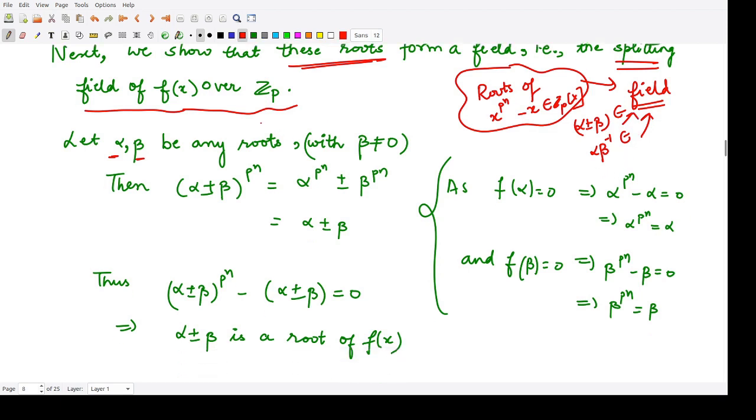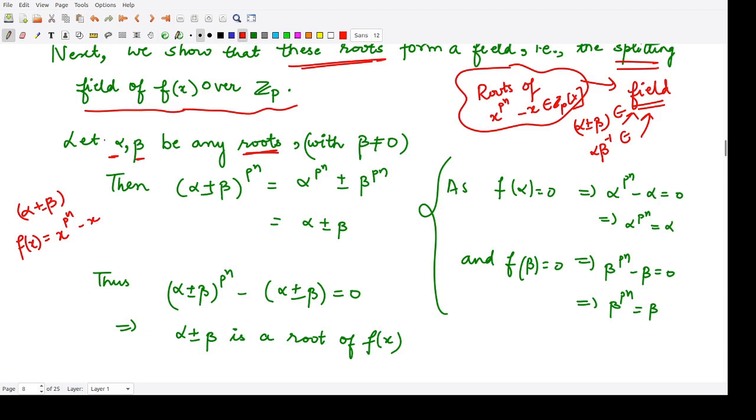So alpha and beta are any two roots, and we have to check whether alpha plus minus beta would also be a root, that is, whether it satisfies the polynomial f of x equals x to the power p^n minus x.